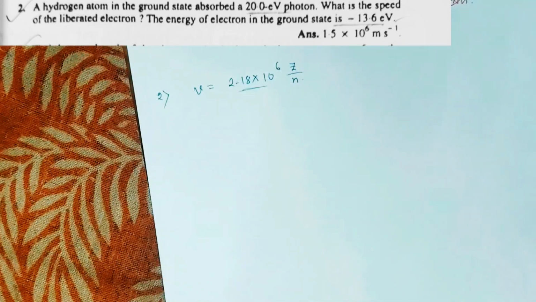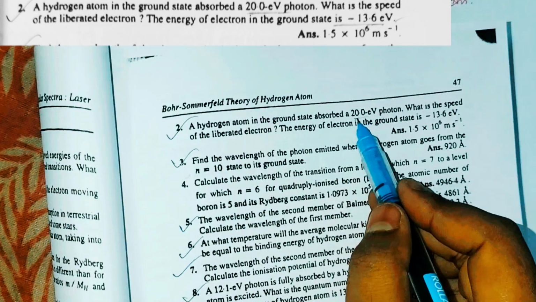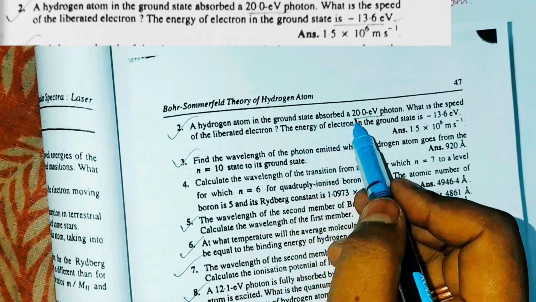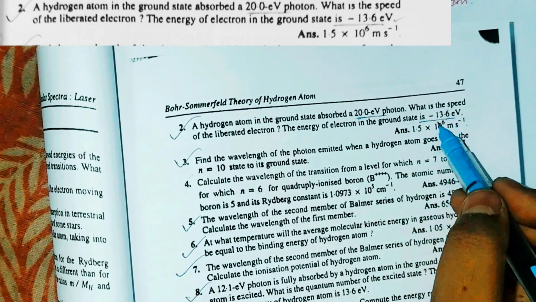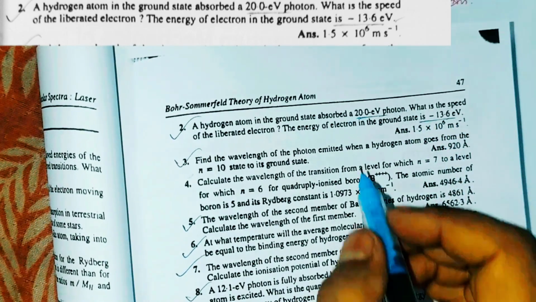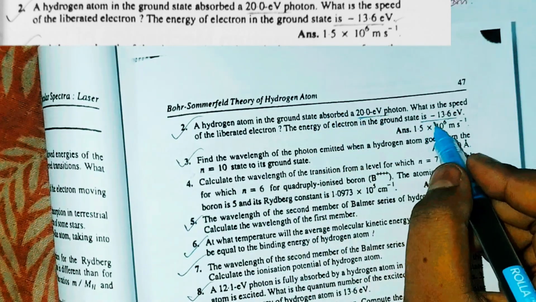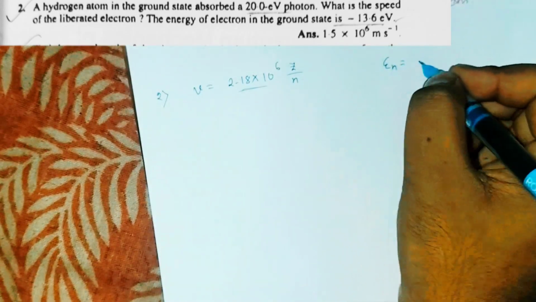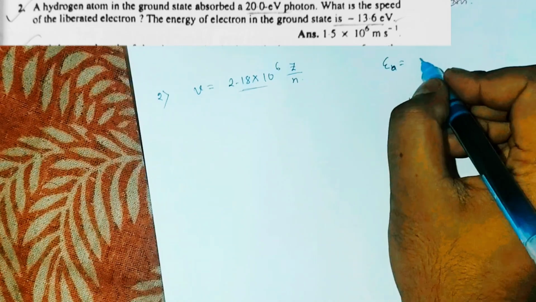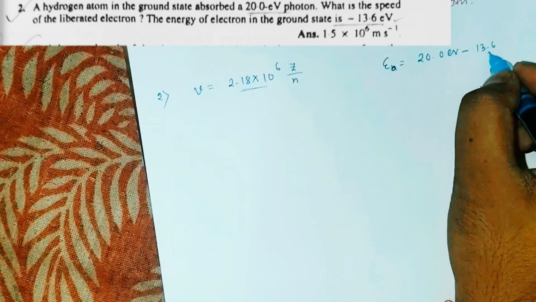Okay, so here you can see it is given that the ground state absorbs a 20.0 eV photon, and the ground state energy has already been said to be minus 13.6. So this energy is absorbed in the ground state, and the total energy you will get, epsilon equal to 20.0 eV minus 13.6 eV.